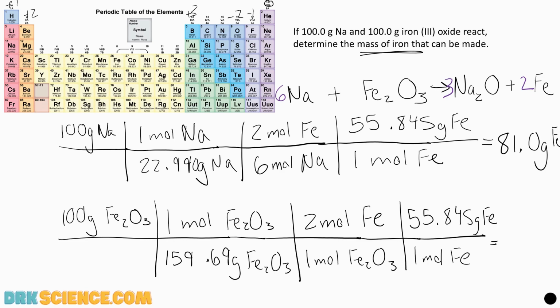We do 100 times 1 times 2 times 55.845 divided by 159.69. And what we get is, we're going to do 3 significant figures, so 69.9 grams of iron. Now in this case, this tells us that our iron oxide is our limiting reagent.